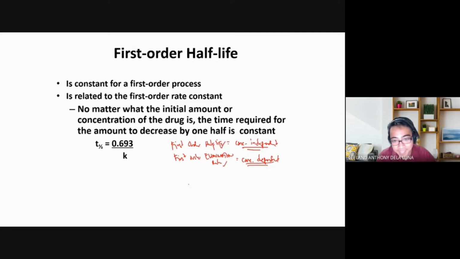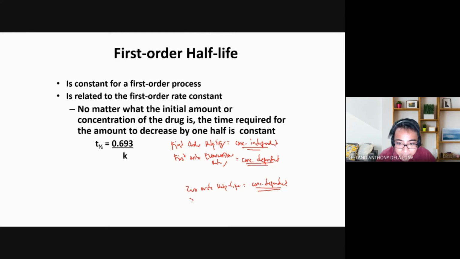So are we clear? Kasi class, pag zero order na, advanced na ako, no? Hindi pala pa nga tayo sa zero order half-life. Zero order half-life, class, is concentration dependent, meaning the half-life is very dependent on the concentration remaining inside the body.